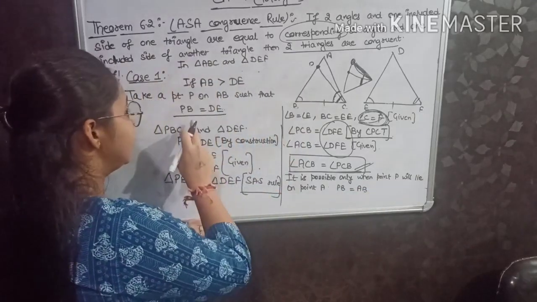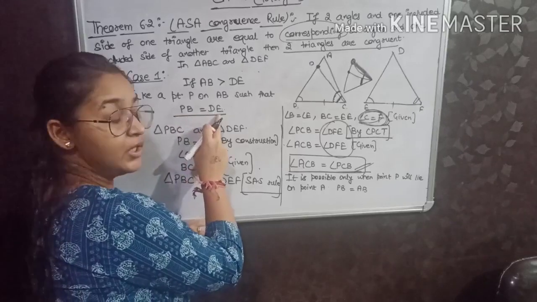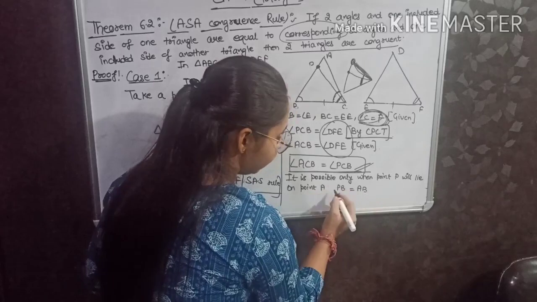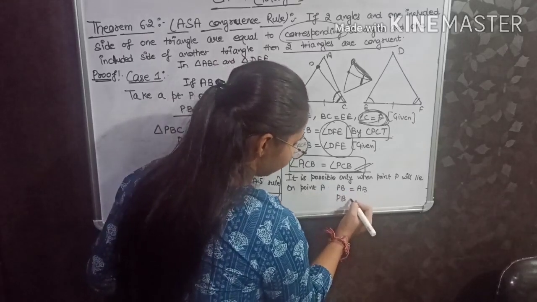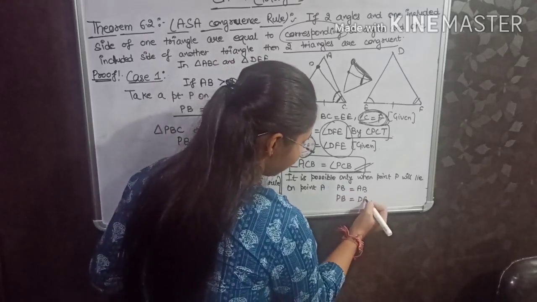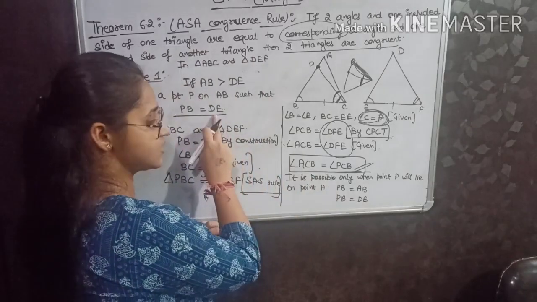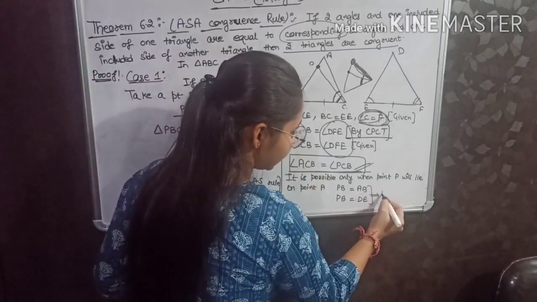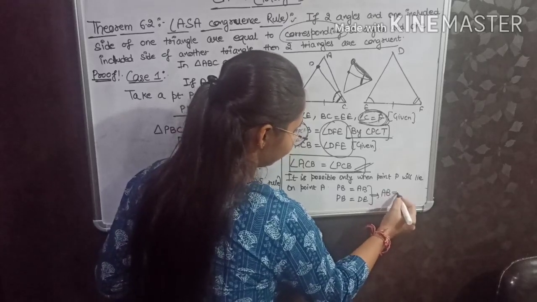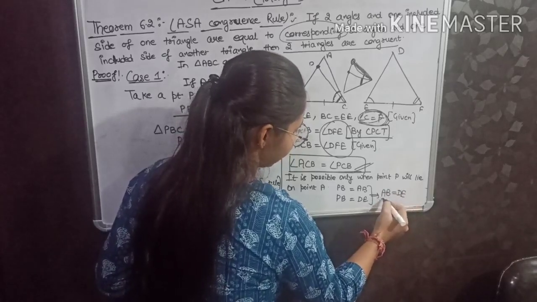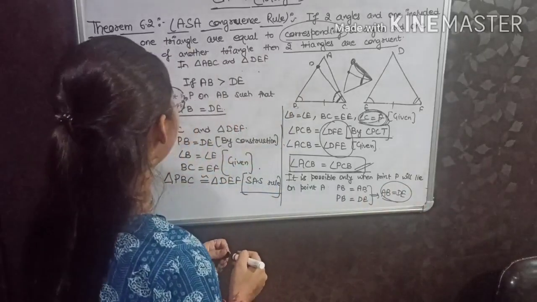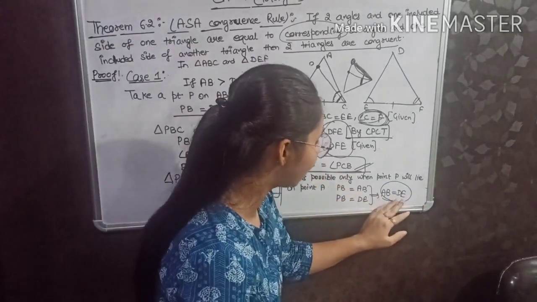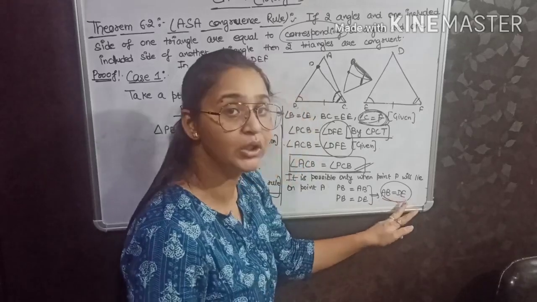Okay, and PB is equal to DE that we have constructed, and PB is equal to AB. Now from these two equations, you can write AB is equal to DE. You assumed AB is greater than DE, but you are now at this point: AB is equal to DE.